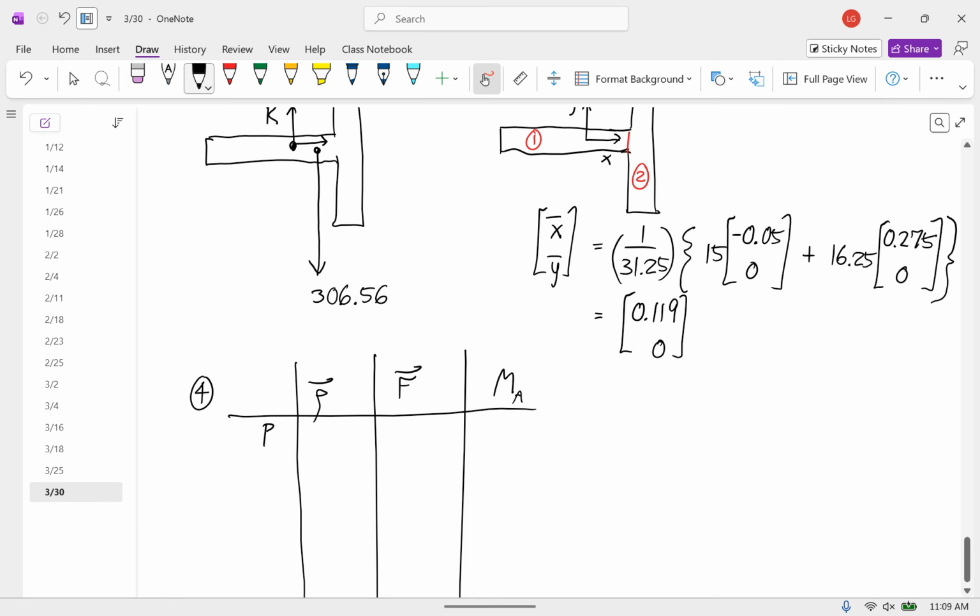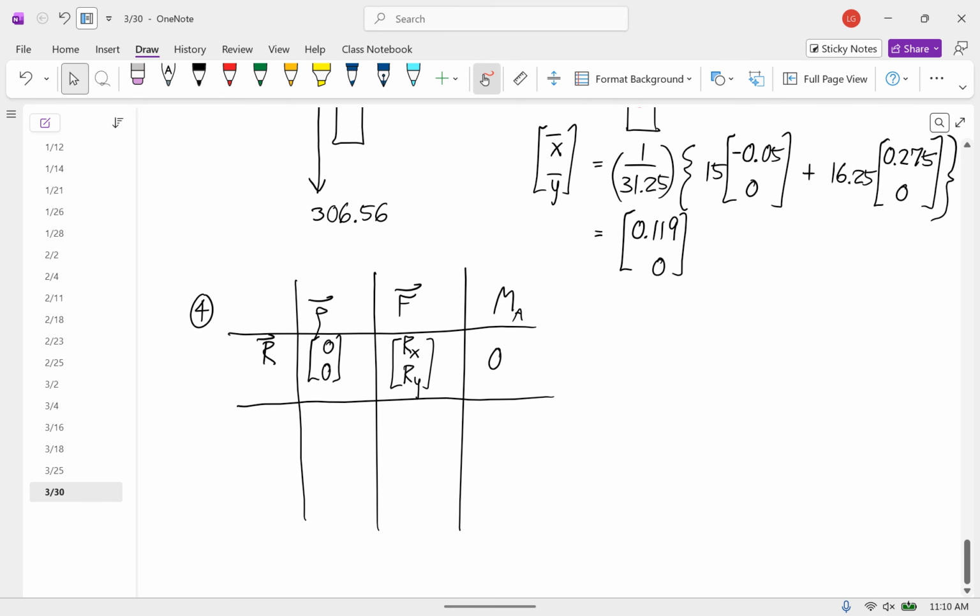So first I'll do the reaction force. That's at the about point, so rho vector is 0. The force is Rx, Ry. Cross product is 0. Next, I'll do the weight force. And because we chose the origin at the about point, the rho vector is 0.1190. The force is 0, negative 306.56.